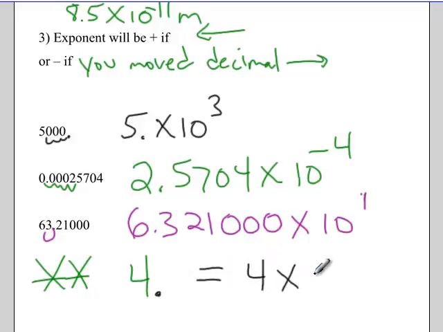So if I had to move the decimal 0 places, my exponent is a 0. So 4 in scientific notation is 4 times 10 to the 0 power. If you remember from math class, anything to the 0 power is 1, so 4 times 1 is still 4. In all of these examples, we're not changing the value of the number, just the way that we write it down.